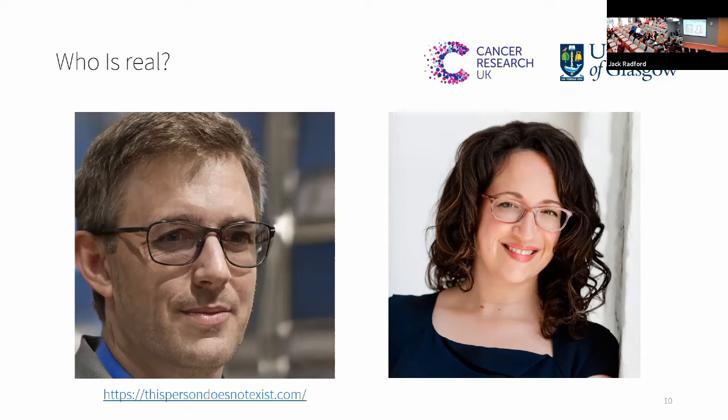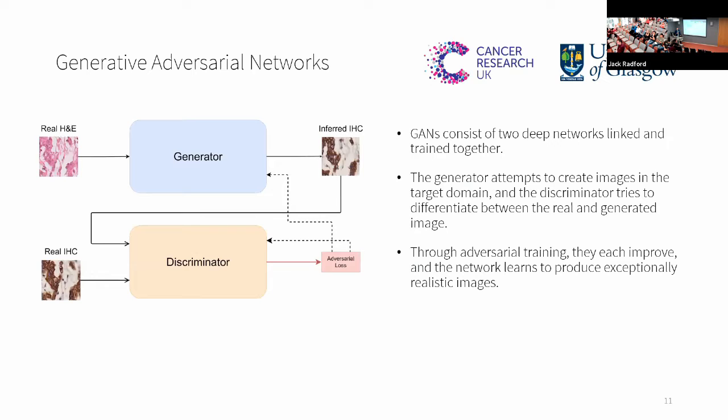There's a really fun website called thispersondoesnotexist.com where you can go and see randomly generated humans that have never been. And this is the real human, Amy Webb, who's a futurist, which I thought was appropriate for the conference today. So you can see just how powerful GANs have gotten and how hopefully we can apply them to this powerful medical data.